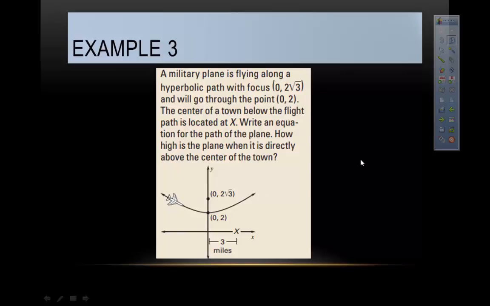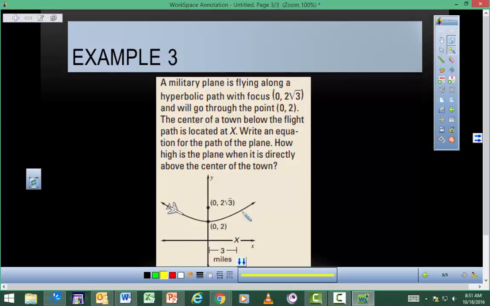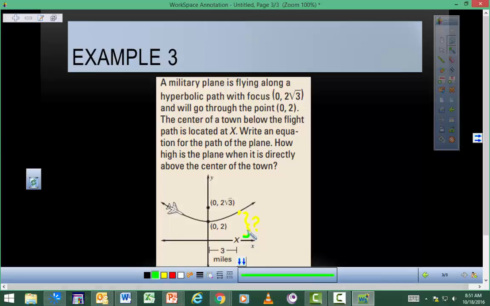So what we're going to want is this height right there. We want to know that height, from here to here. Does that sort of make sense? We are after that height.